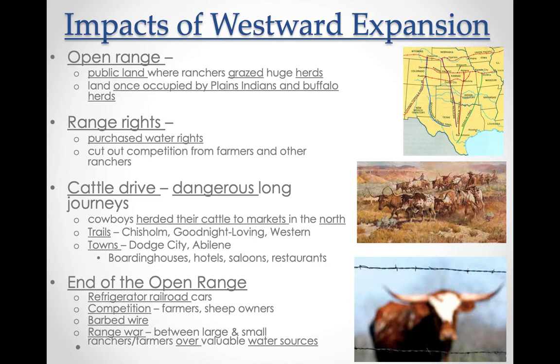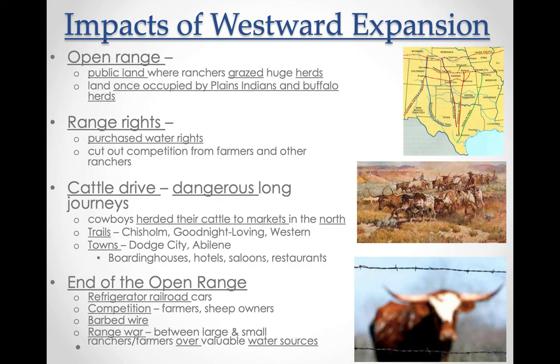As more and more people began to find success, a phenomenon known as range wars developed, where large and small ranchers would continually compete and fight over access to the resources and land that was available.